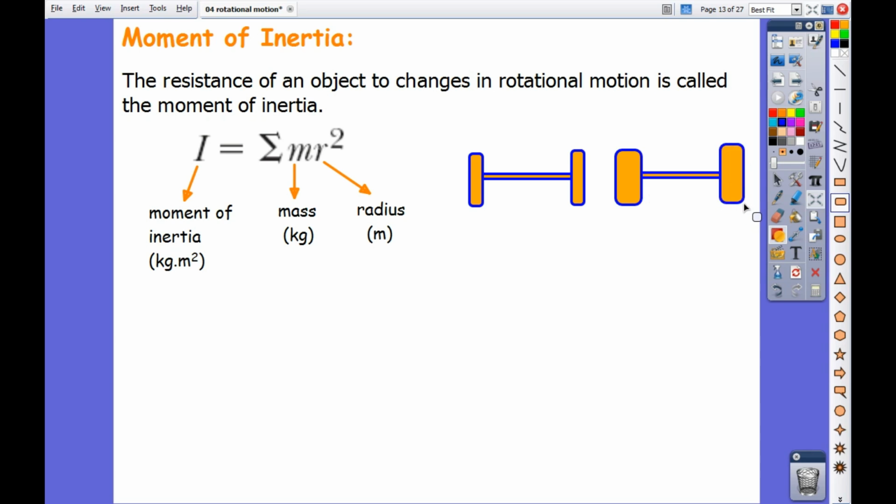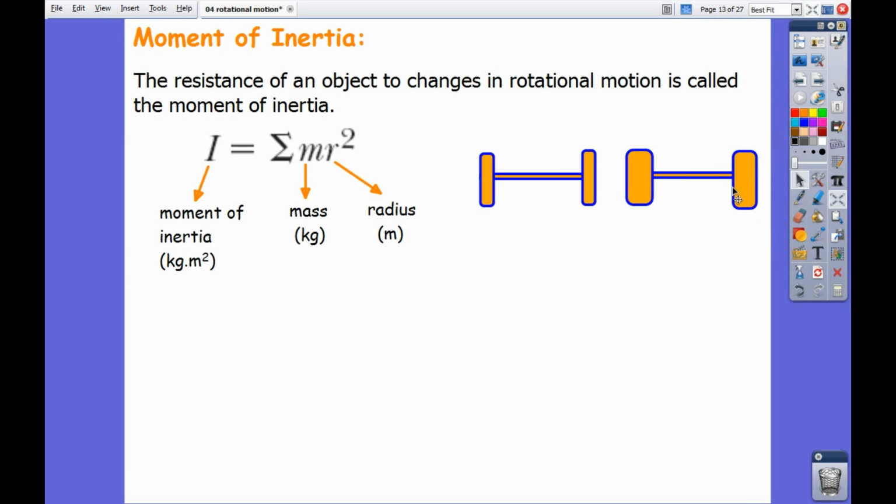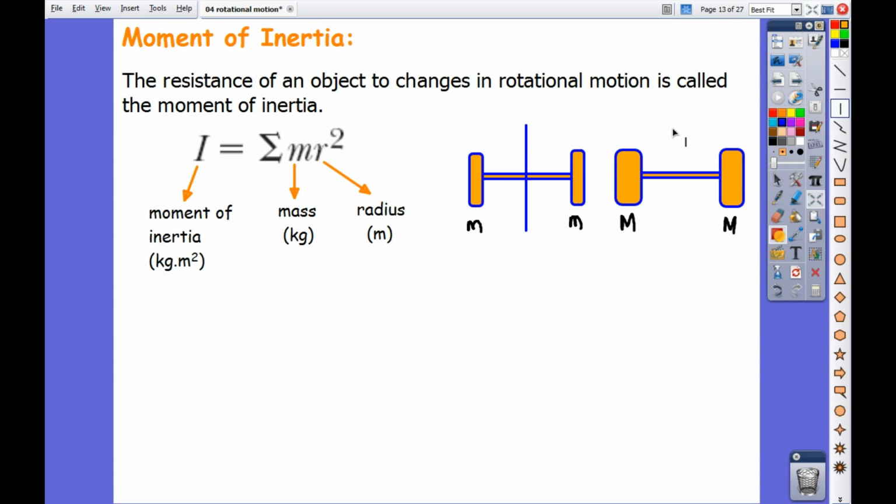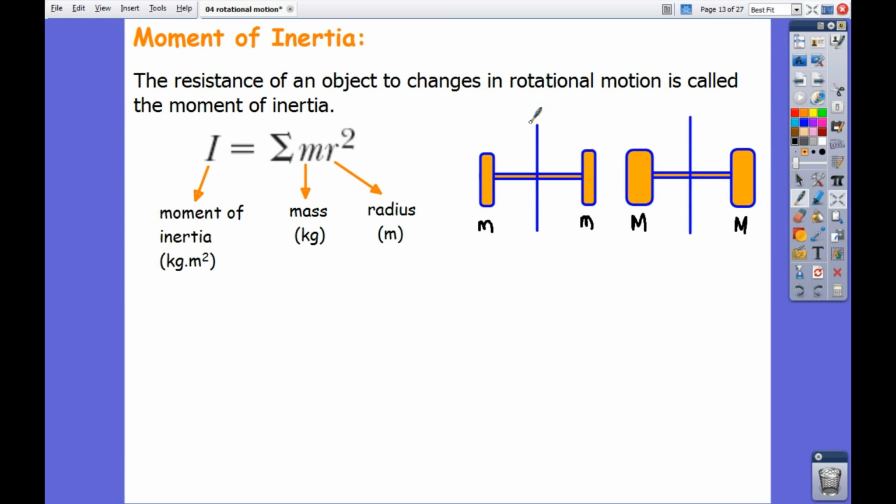The first rod has a weight of small m, while the other one has big M. Both rods are rotated like this.